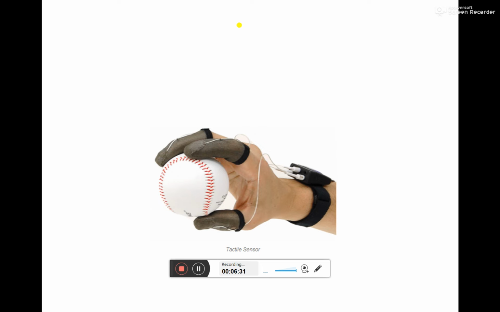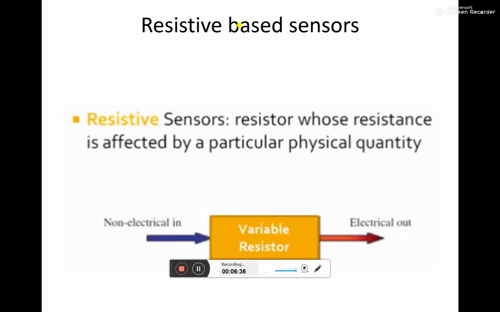People use this type of tactile sensor for that.